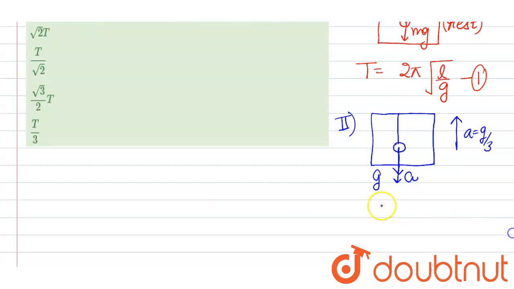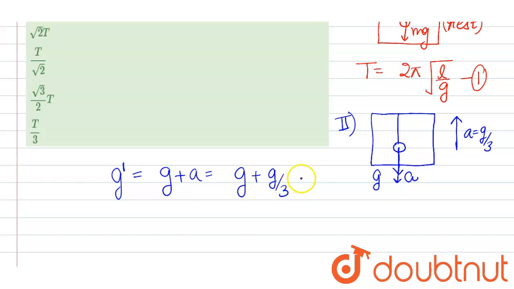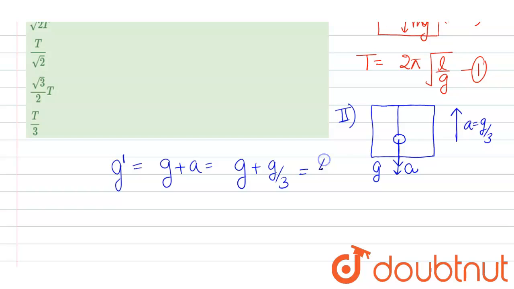So if we have to find the apparent g in this case, it will be g plus a, which equals g plus g by 3. That means it comes out to be 4g by 3.